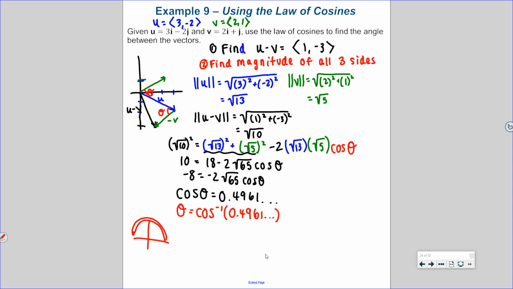Okay, thank you. So because we have inverse cosine, it will give you that angle that's in between 0 and 180, so you don't have to worry about the 2 solutions. So I got theta is about 60.2551. Now, to answer their question, it said find the angle between the 2 vectors.